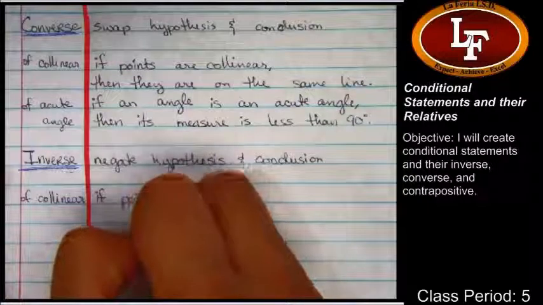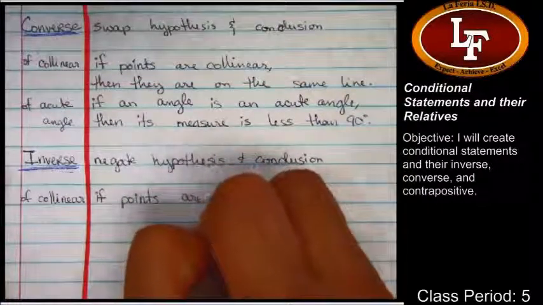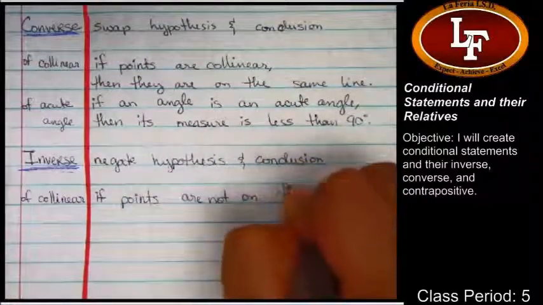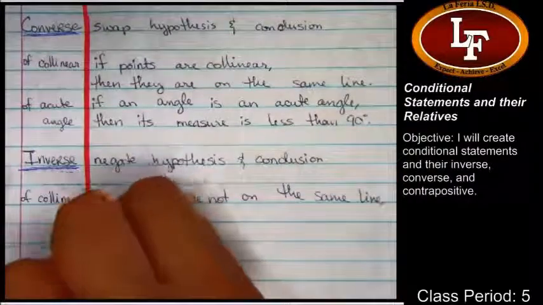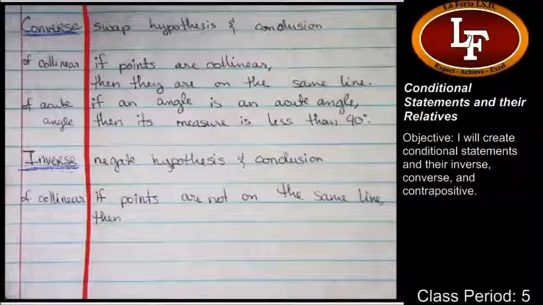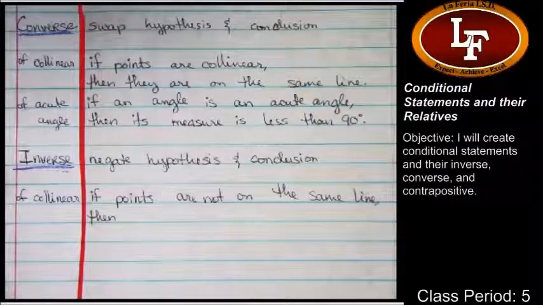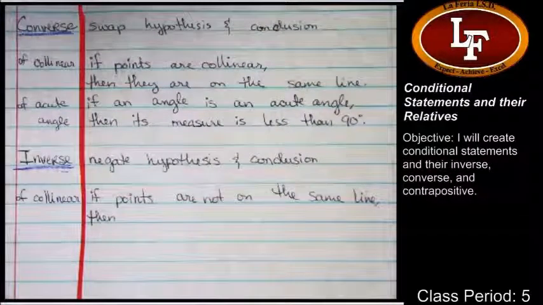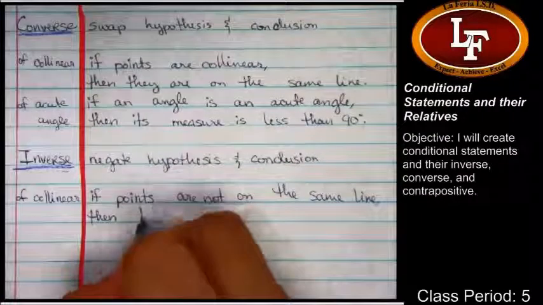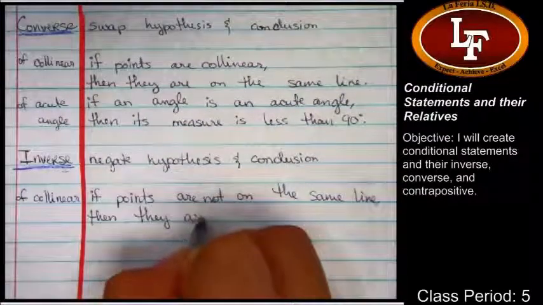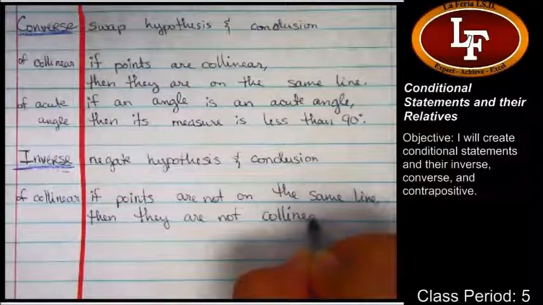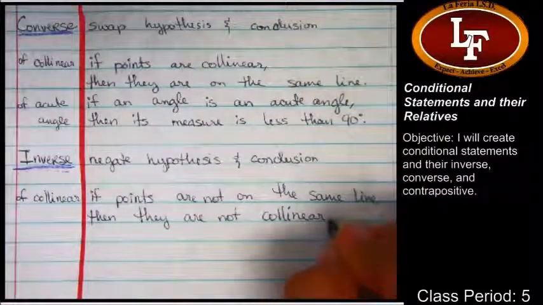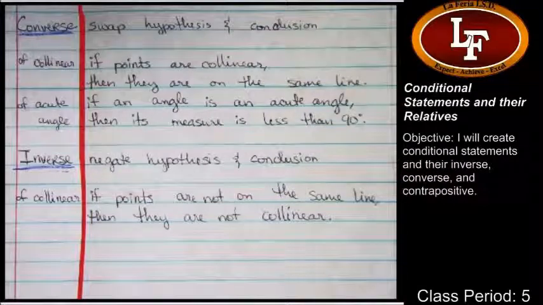Lovely. So if points are not on the same line, then what was the original conclusion? They are collinear, and so the negation is? They are not. Beautiful. Notice that we wrote they are not collinear instead of going to our vocab word and saying they are non-collinear.